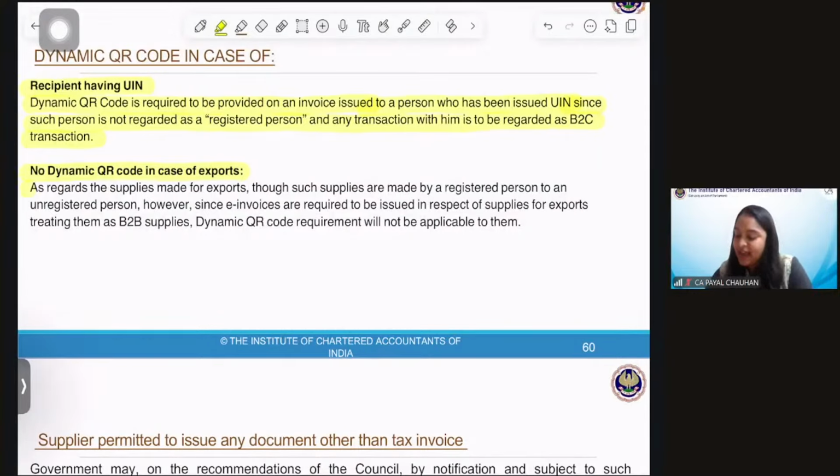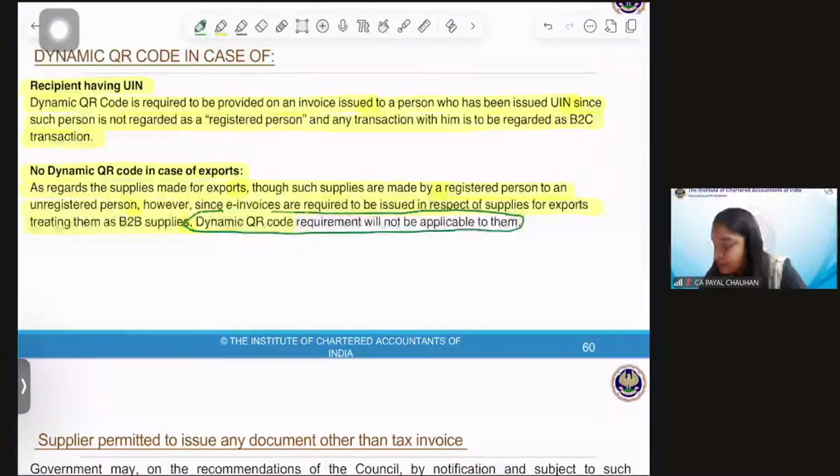Now see, as regards the supply made for export, such supplies are made by a registered person to an unregistered person. However, since e-invoice is required to be issued in respect of supplies for export, treating them as B2B supply, dynamic QR code requirement will not be applicable to them. Did you people understand?